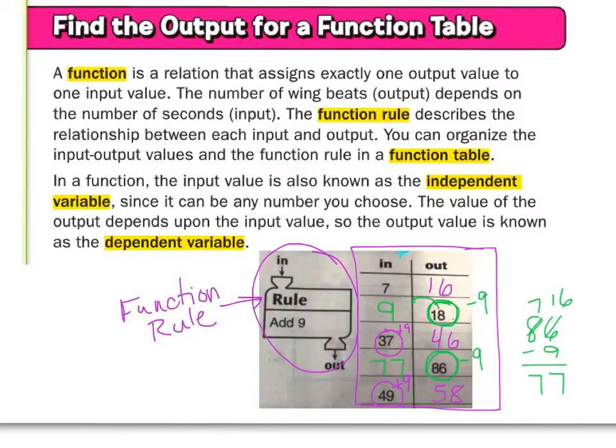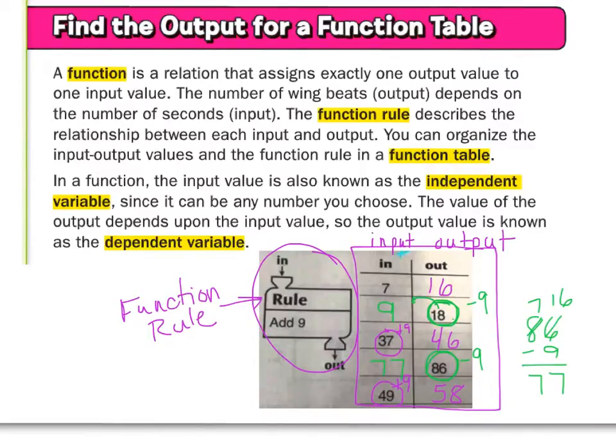And it describes the relationship between the in and the out. You can organize the inputs and outputs and the function rule, the results, in a function table, which I have here in this picture for us. When we're working with functions, this in is actually called the input. The out is our output. As of today, we're going to get a little higher level with our vocabulary.